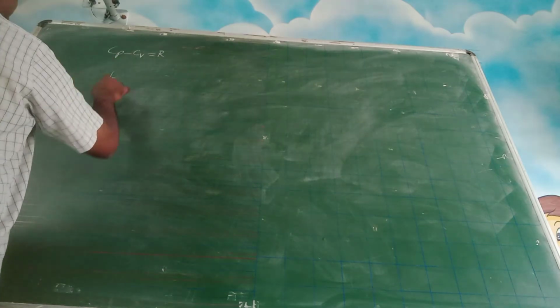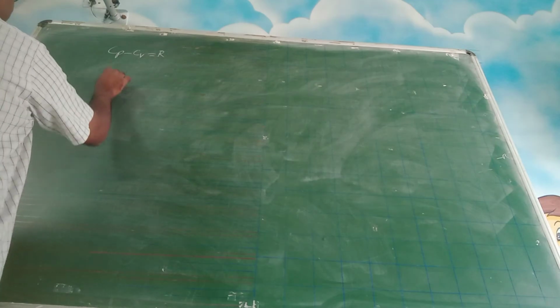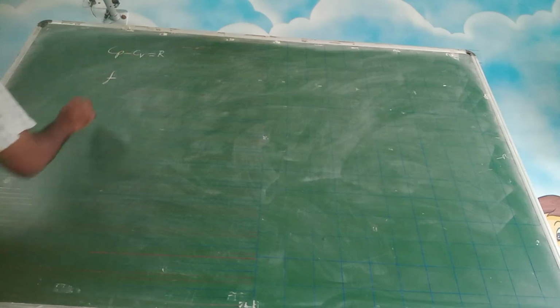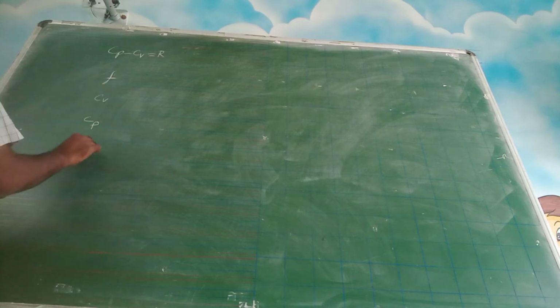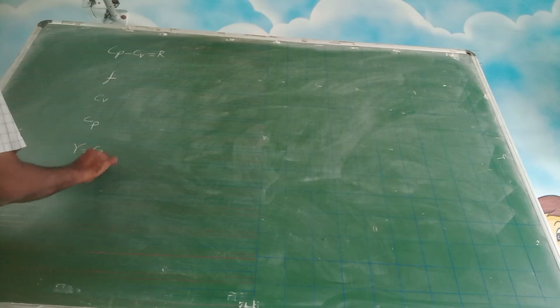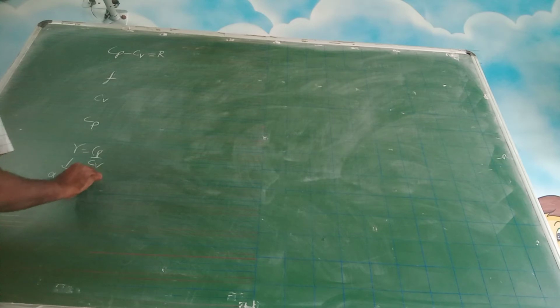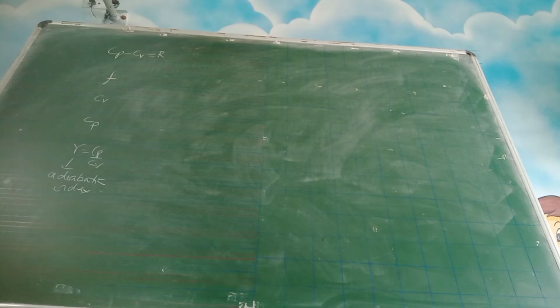I'll write it for degrees of freedom, Cv, Cp and gamma, which is Cp by Cv. This is also called the adiabatic index or heat capacity ratio, which I have told you.